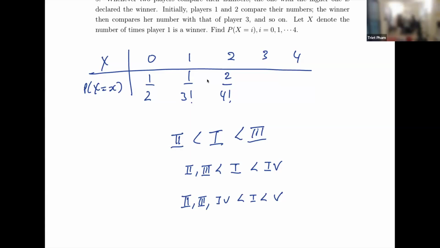Well, there are 5 factorial ways to arrange numbers between 1 to 5, but we don't care about the order between 2, 3, and 4. So that's 3 factorial over 5 factorial. Any question about this?